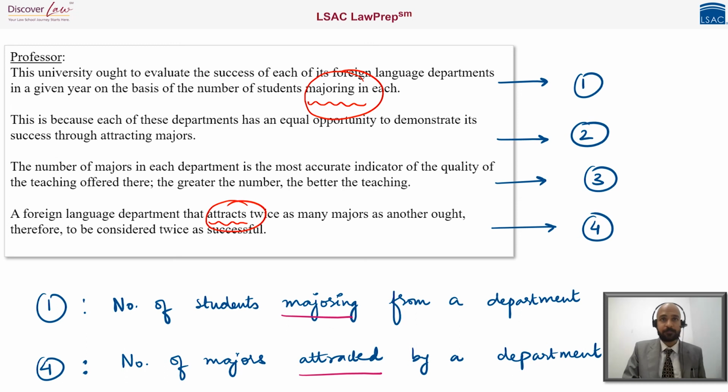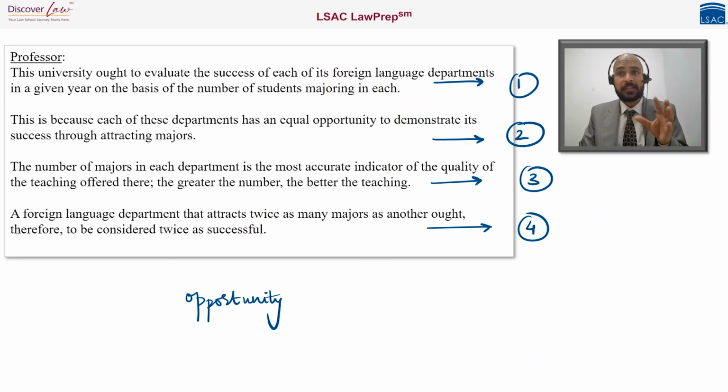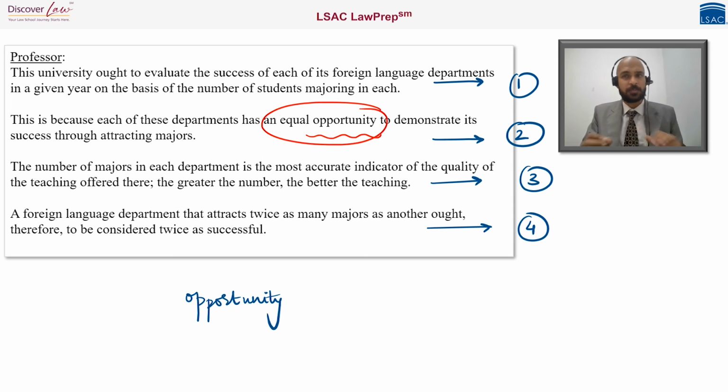Okay, you can see that a conclusion here has been drawn on a couple of premises given here, but you can see that sometimes you see attracting and sometimes you see majoring. Okay, we saw in the second statement that it talks about an equal opportunity, which means you're giving it a level playing field. Now you need to understand, is the opportunity to attract, right?